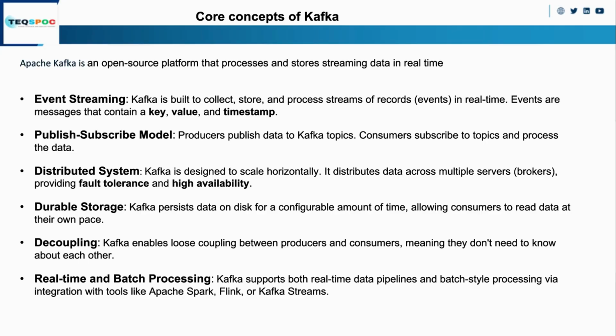Now the fourth one is durable storage. Kafka persists data on disk for a configurable amount of time, allowing consumers to read data at their own pace. As I was talking about the producer and the consumer, one publishes, the other subscribes. But publish and subscribe to whom?